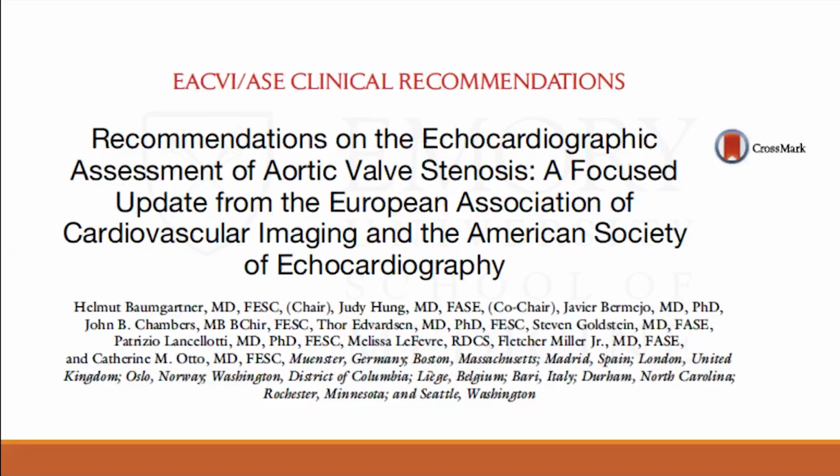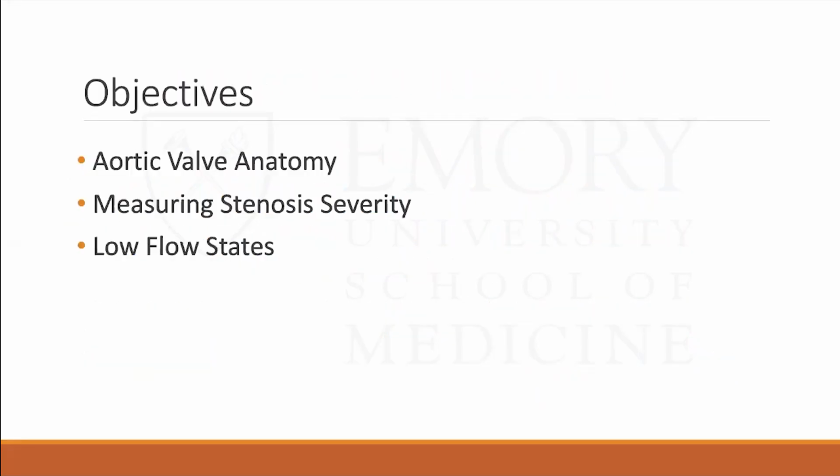If you want a good reference for any of the material from this talk, a lot of it was from this paper in JASE in 2017 or 2018, which I thought was a really good review. The talk today is divided into three sections.